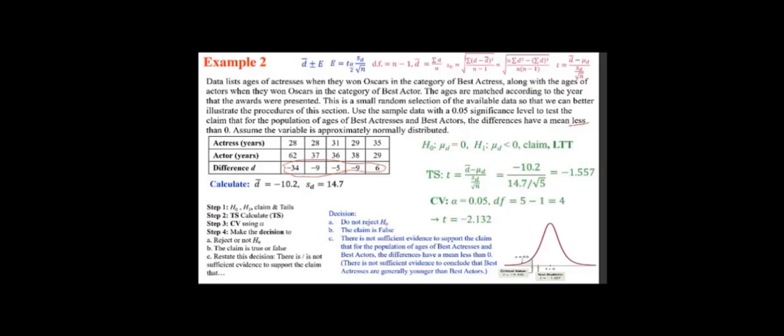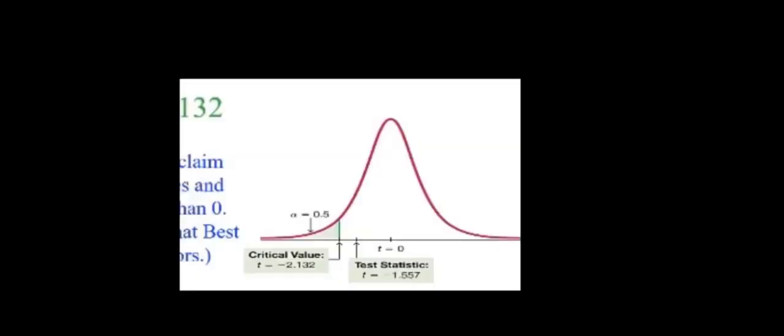But as far as the p-value is concerned, I want to show you right here. The p-value would be this one. This red shaded region is the p-value. You can see clearly it is larger than alpha 0.05, which is the green shaded region. So you have to read that from the table or use the technology to get that.